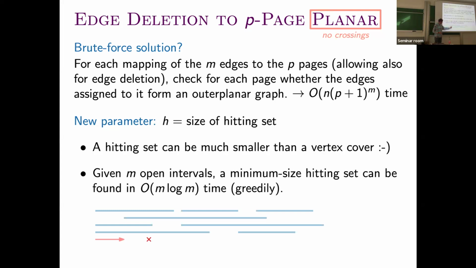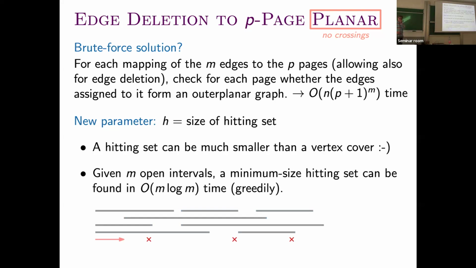Before you leave the first interval, you place a hitting point. This kills a number of intervals, and then you repeat. You go as long as possible, and if you cannot continue because you would leave one interval unhit, you put a hitting point. This should solve the problem in m log n time.